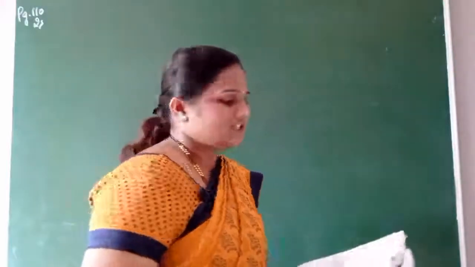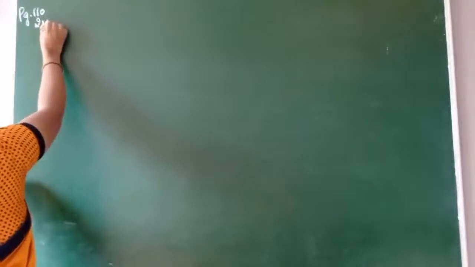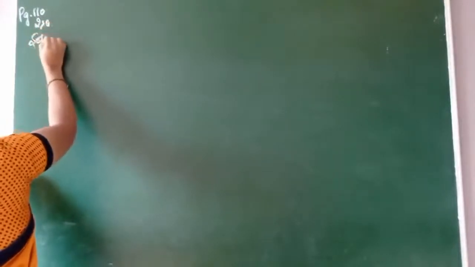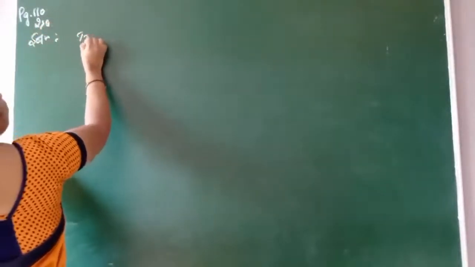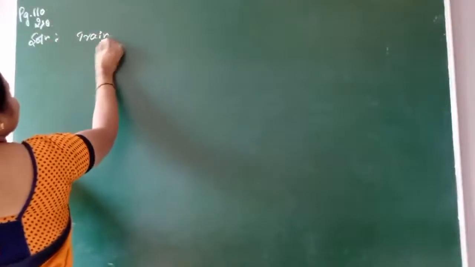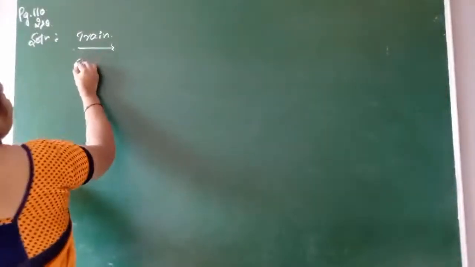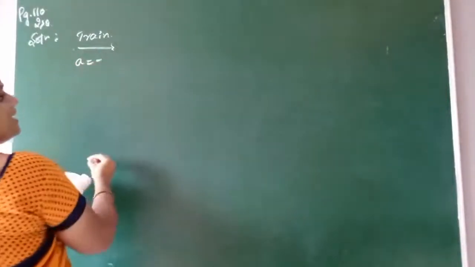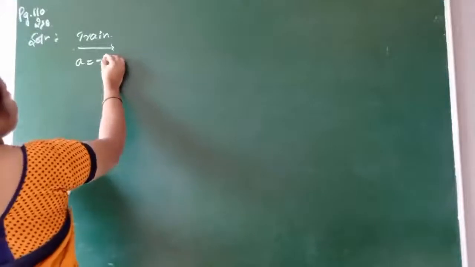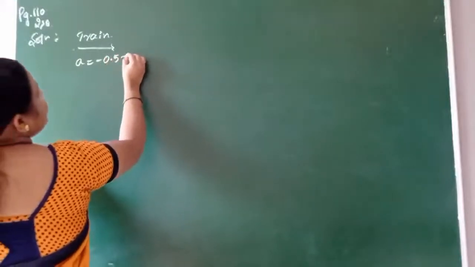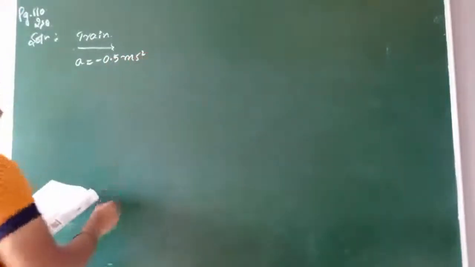Let us find the solution for question number 2. Imagine a train is moving from one point to some other point, where it has attained a negative acceleration, minus 0.5 meter per second square.